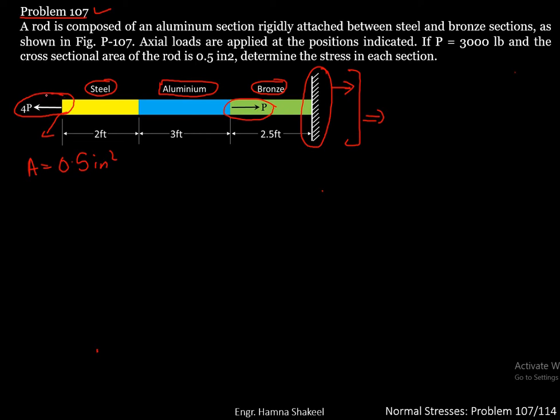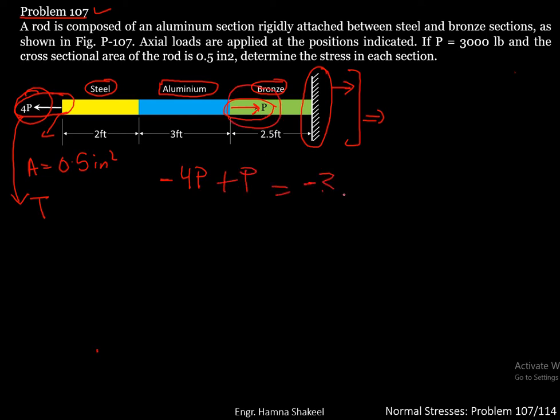So globally, you have two forces acting on this composite rod. One is 4P, this is tensile force, and the other one is P, that is a compressive force on the bronze. So if you globally see, you have minus 4P here, and you have got a positive P force at this point.